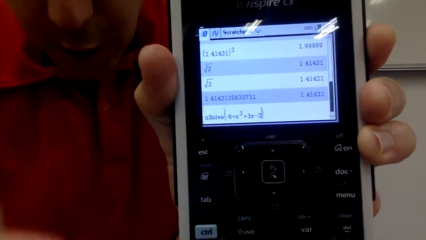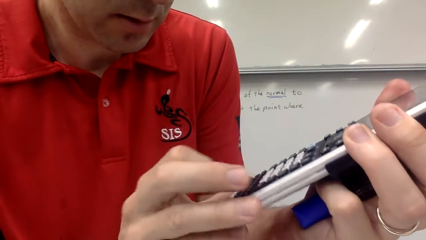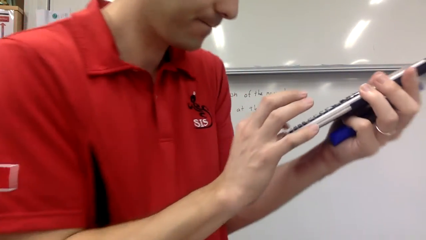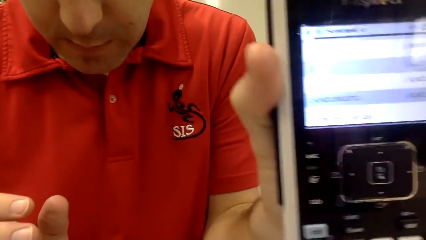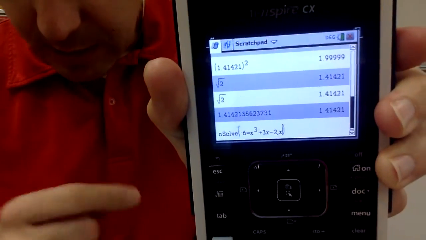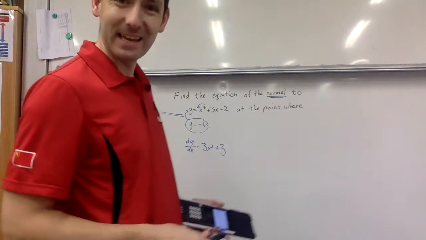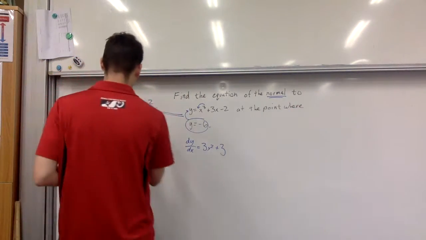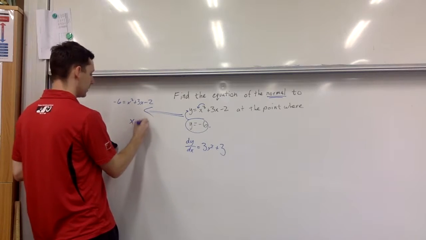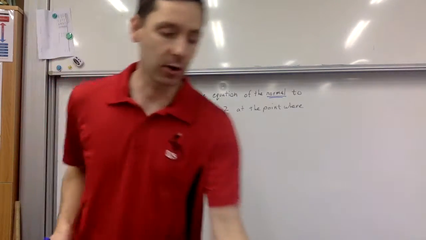And then remember to put the comma and then the x to tell it to solve for x. And then you push enter. And it says, guess what? X is -1. So now I know x is -1.